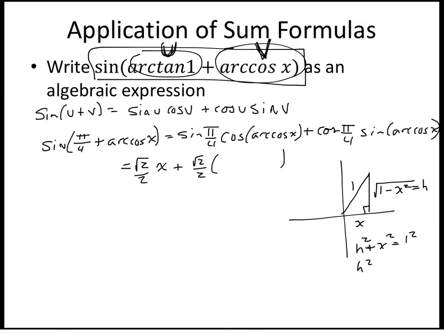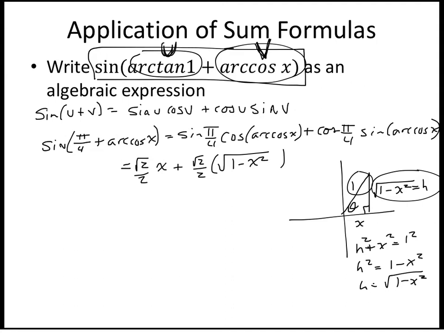So h squared equals 1 minus x squared, and h will equal the square root of 1 minus x squared. That's how I figured that out. And now recognizing that sine of this angle is going to be opposite over hypotenuse, I can rewrite the sine of the arc cosine of x as the square root of 1 minus x squared.